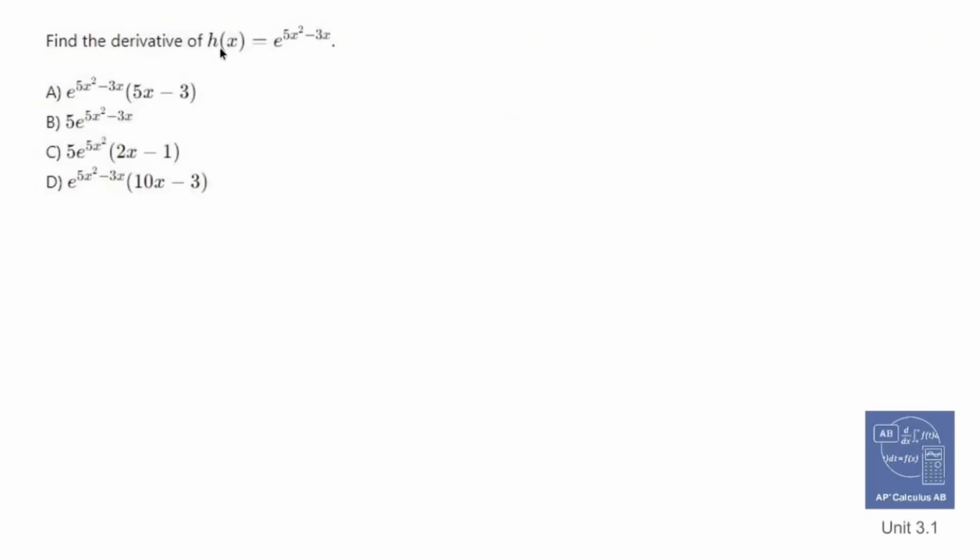Find the derivative of h of x equals e to the stuff. Now, this is going to use the chain rule. The chain rule is a function within a function. All right, so you are going to have inside stuff and outside stuff. The way the chain rule works is you take the derivative of the outside stuff.